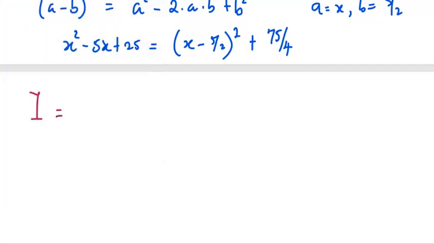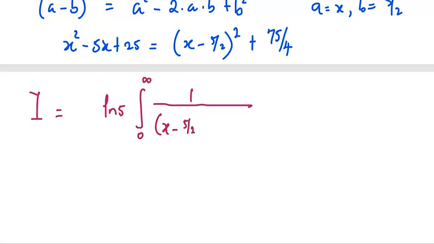Therefore, our I is going to be equal to the ln of 5 times the integral from 0 to infinity of 1 divided by x minus 5 over 2 whole squared plus 75 over 4, and then we have our dx. So I think from here we're going to make the following substitution.